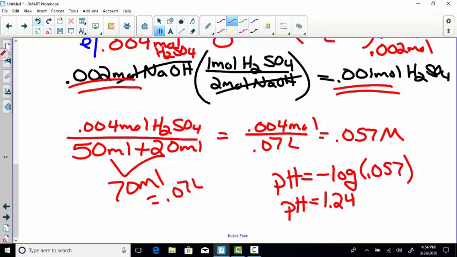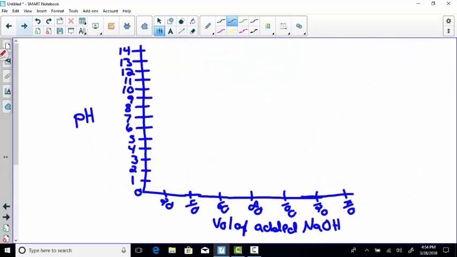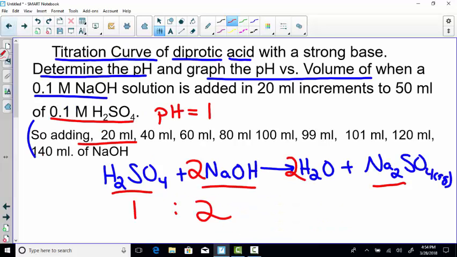So maybe I can just, at 0 milliliters we're at 0.1. At 20 milliliters, okay, and I'll just start a little tab column here. 20 milliliters is 1.24. Okay? And that's our first step.